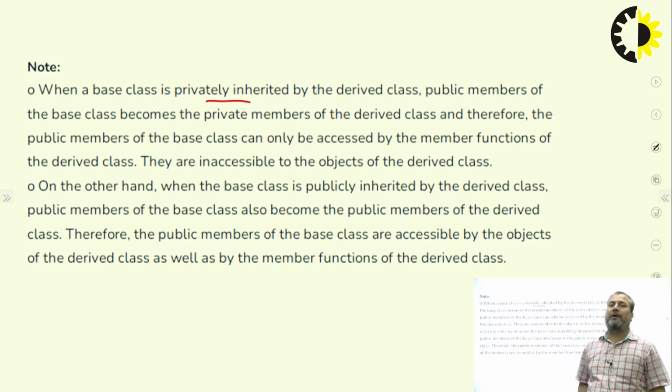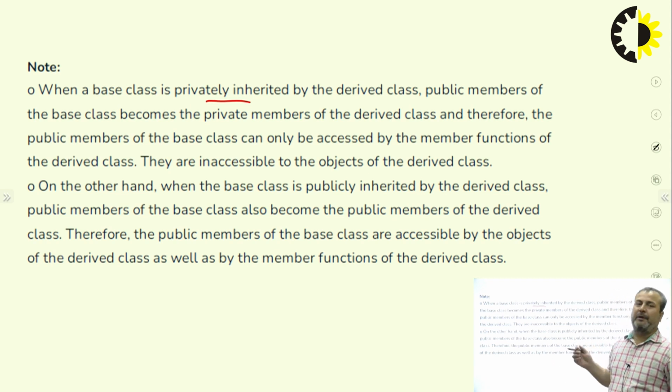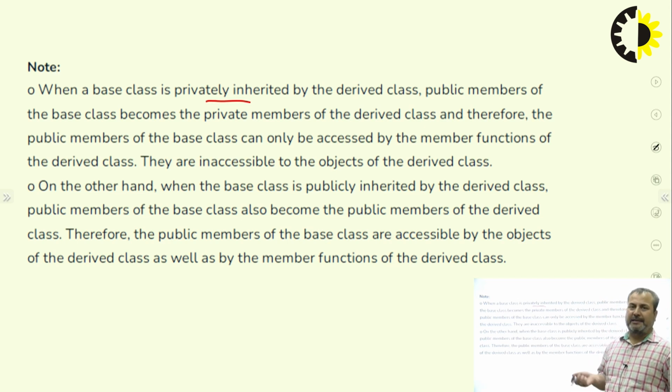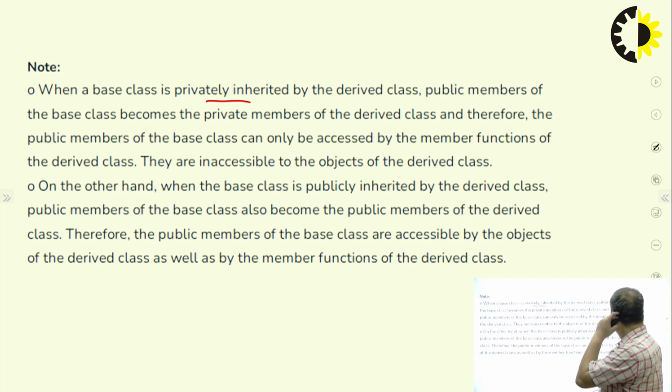If we create a derived class and just before the base class we have written private, then the members of our base class become private, and private members cannot be accessed by the object directly. They can only be accessed by the functions of that particular class.